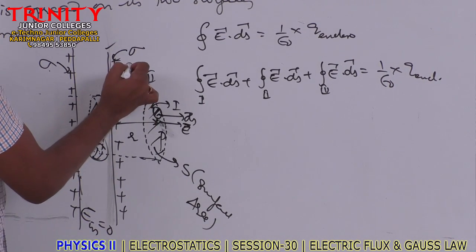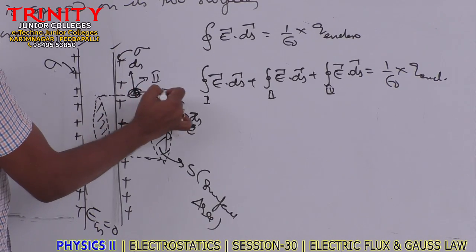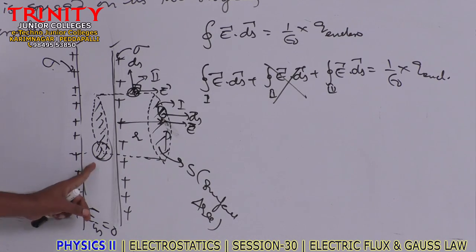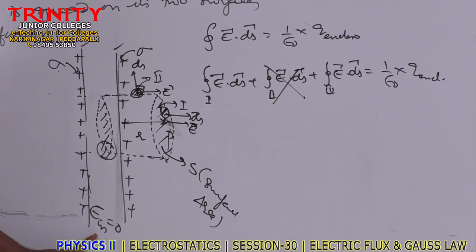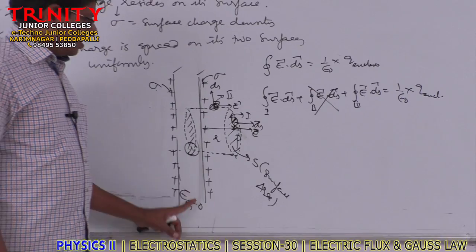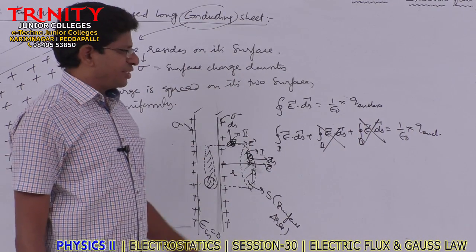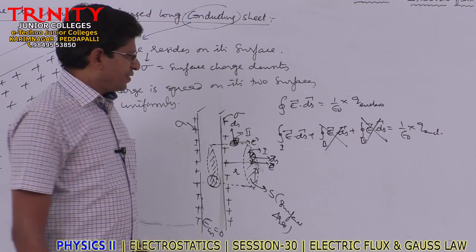As we understood earlier, ds is like this, angle is 90, it won't survive because cos 90 is 0. And what about the 3 here? It won't survive as well. The reason is, there is no electric field inside. It's not about the angle, it's about E being 0, therefore it also vanishes. So in the picture, only the first surface remains.